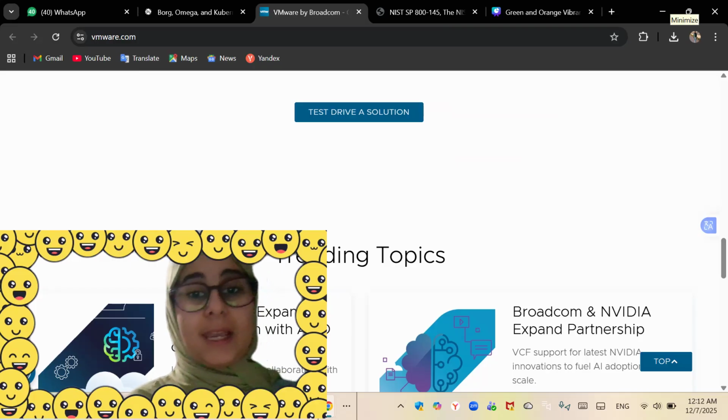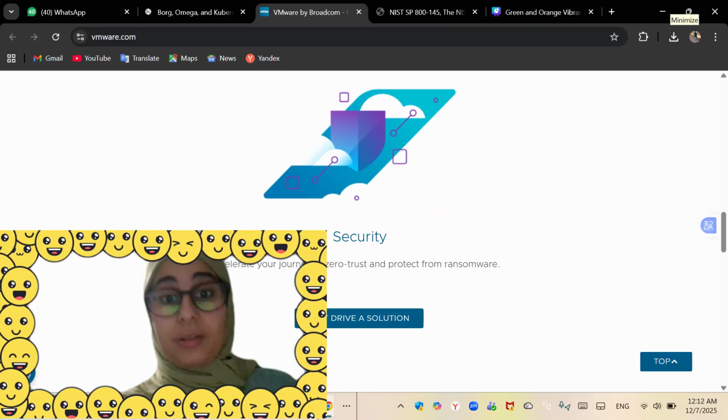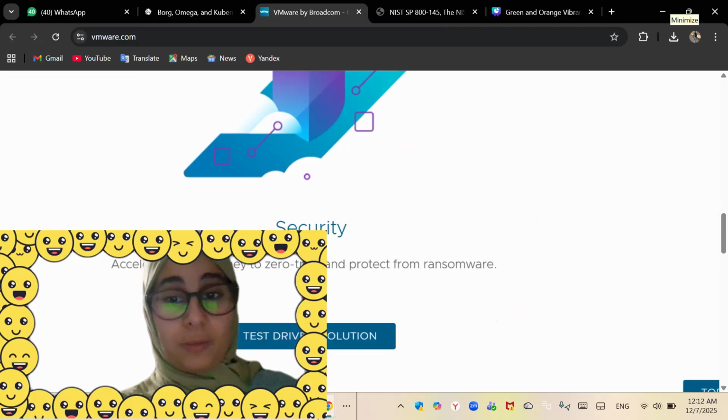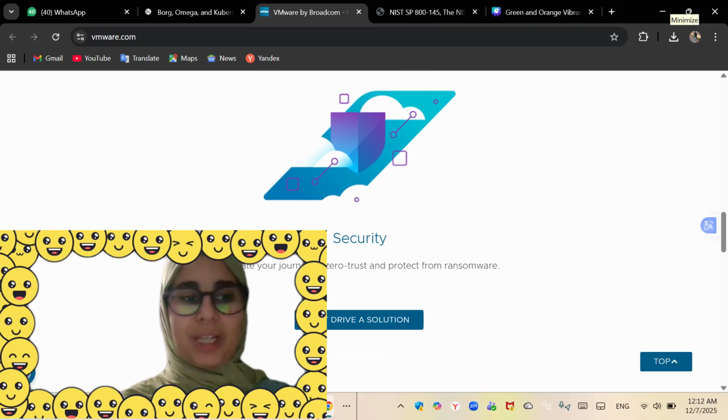What we want to say about this is: secure and accelerate your journey to zero trust and protect from ransomware. It means it does protection.